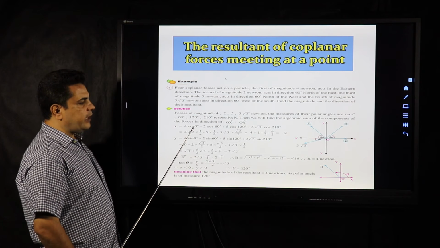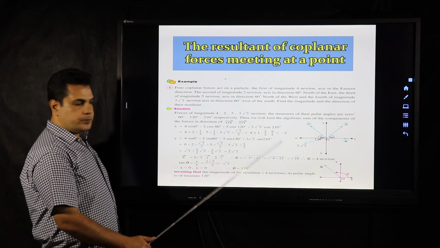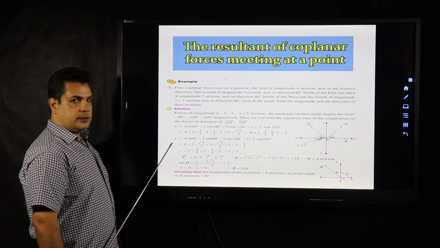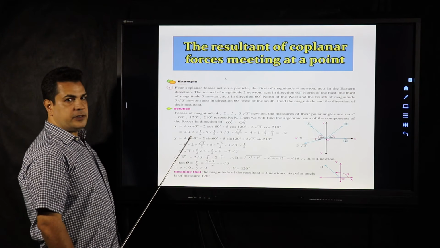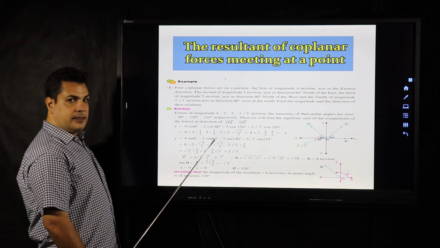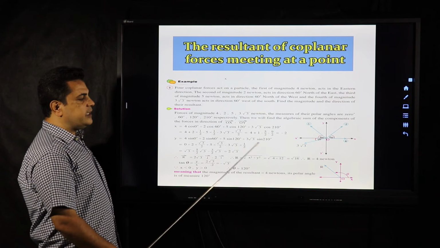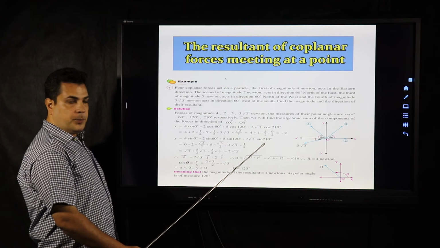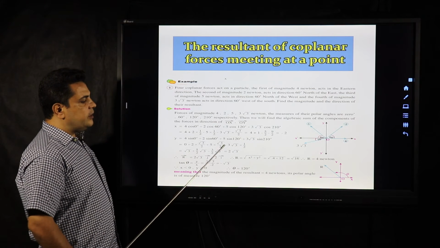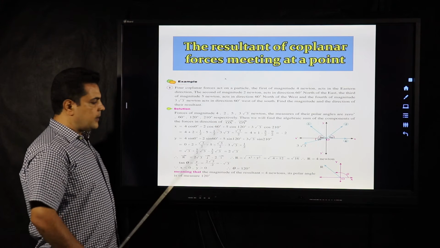X equals that sum, -2. Y equals 4 sine 0 plus 2 sine 60 plus 5 sine 120 plus 3 root 3 sine 210. By calculator, that equals 2 root 3.